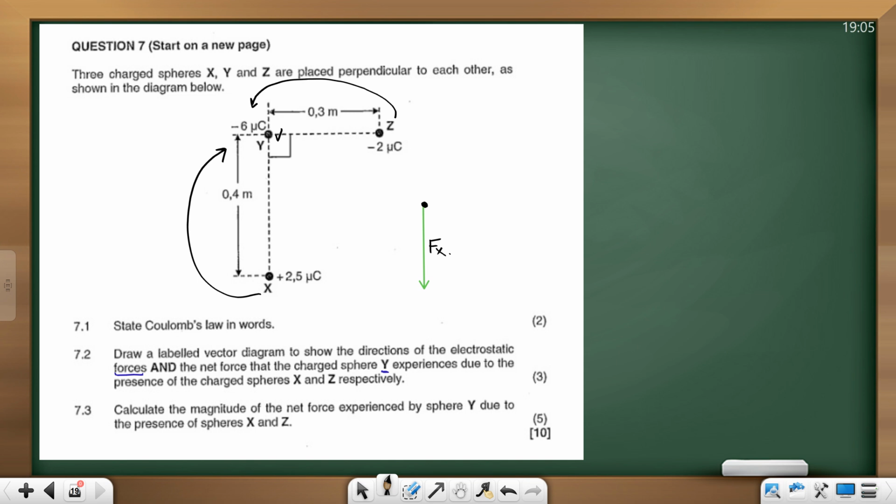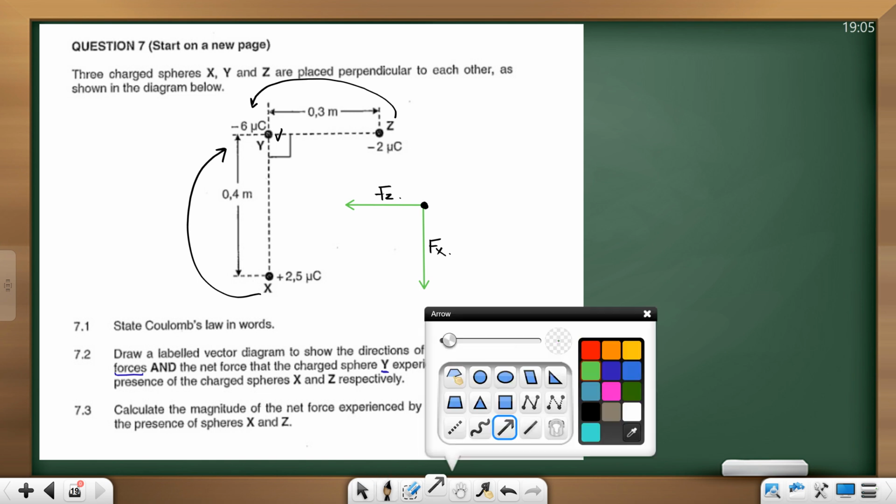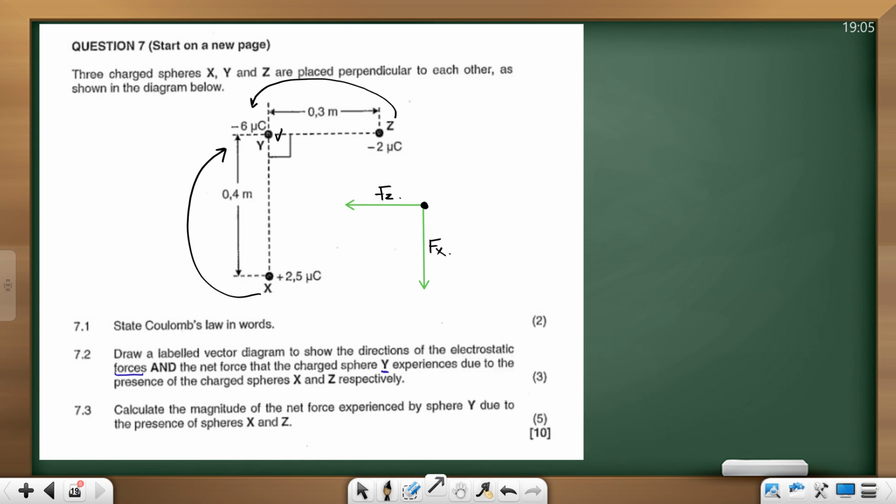What about Z? Z is negative. Oh, so Y is pushed away from Z. If it's pushed away, it's going to be like that. We're done there. Fz. So what's going to be my resultant? Sweet physics. It's at 90 degrees. So F resultant is at 90.